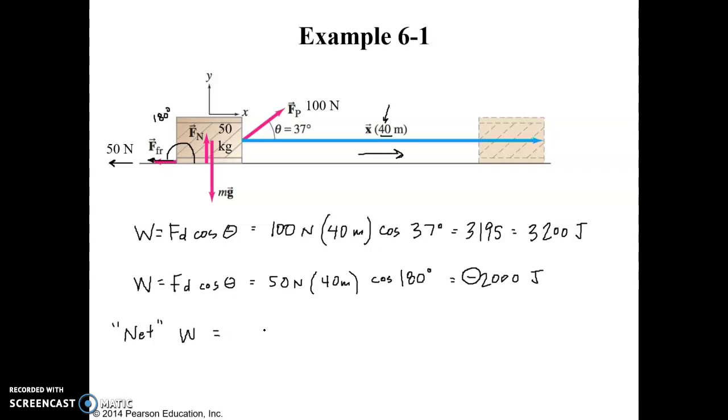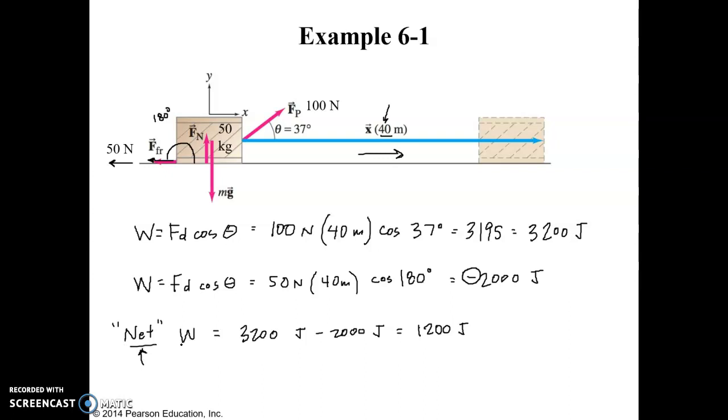The net work is our positive 3,200 joules minus the 2,000 joules of work being done by friction, and we end up with a positive net value of 1,200 joules. So if you've ever had a job and looked at your pay stub, you've got your gross pay and your net pay.